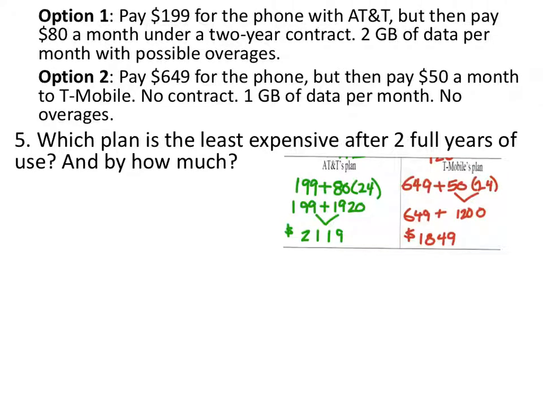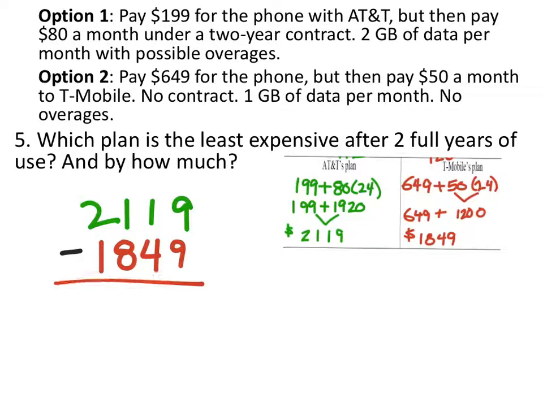For number 4. And AT&T's plan is more expensive, so I'm just going to take that $2,119, and I'll subtract T-Mobile's plan. This will tell me how much more expensive it is. And T-Mobile was at $1,849. So doing this subtraction, I can see 9 minus 9 is 0.